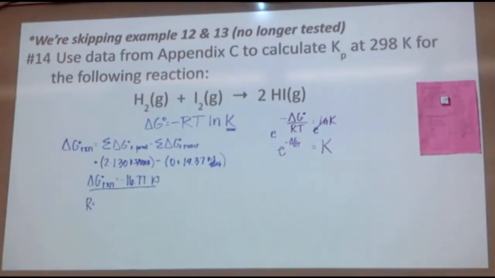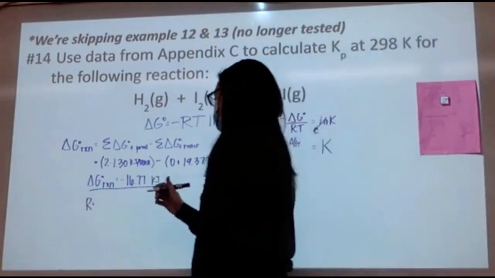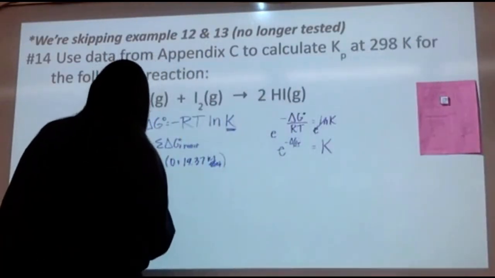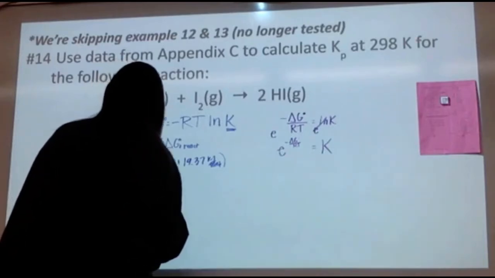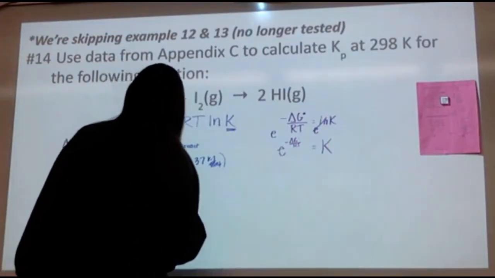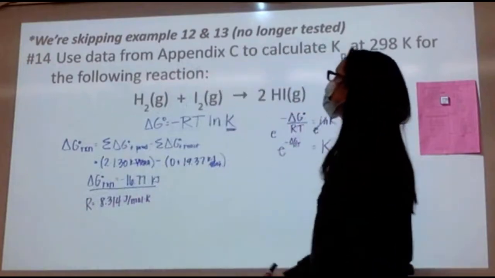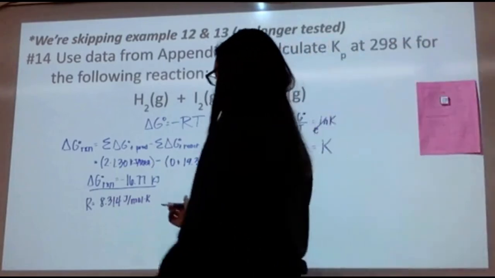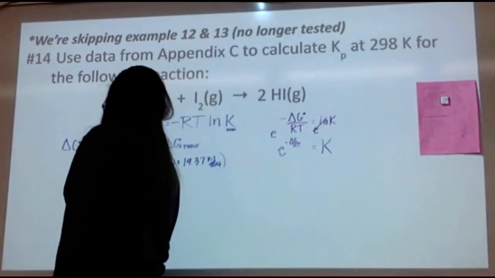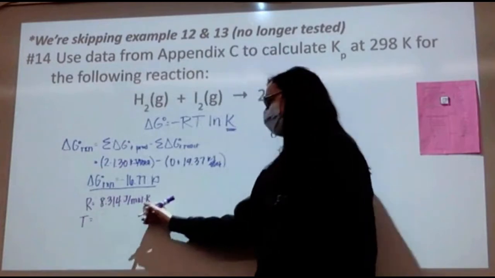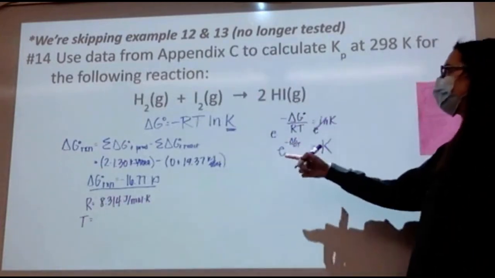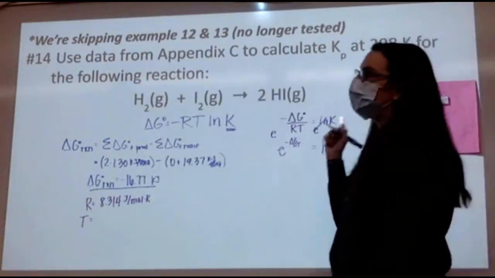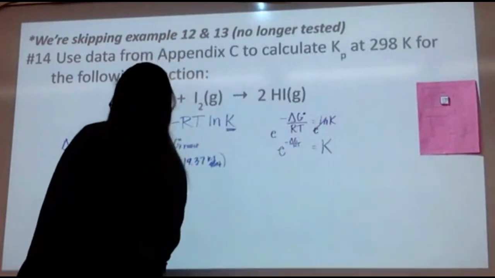Because we're dealing with energy, we're going to use what I call the energy R. The energy R is 8.314 joules per mole times Kelvin. And then T is temperature. If you look at your units for R, it needs to be in Kelvin, and they gave us temperature in Kelvin already.